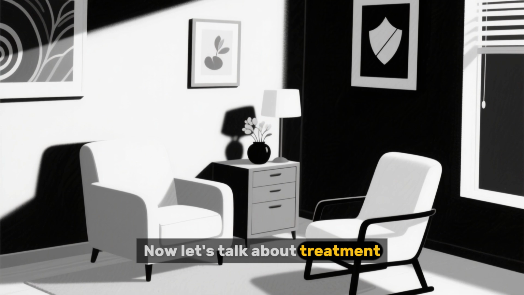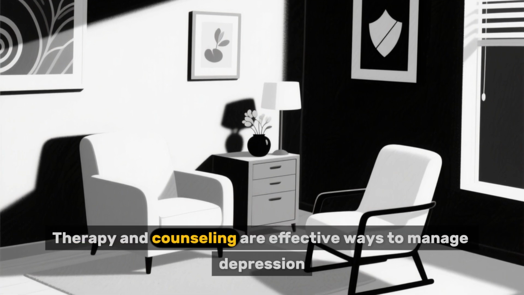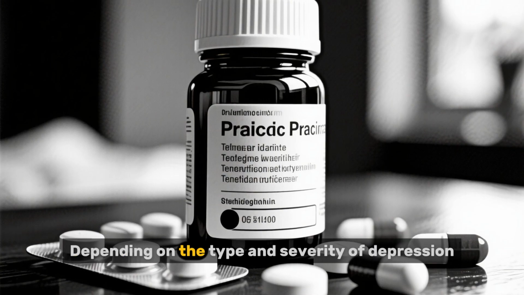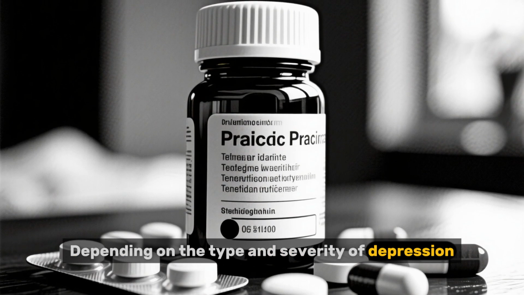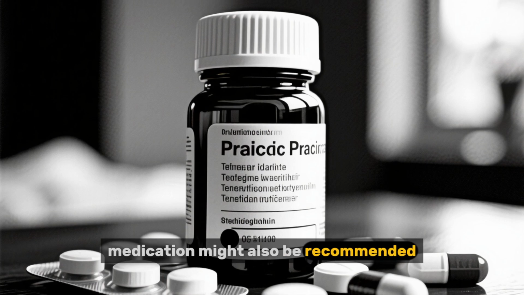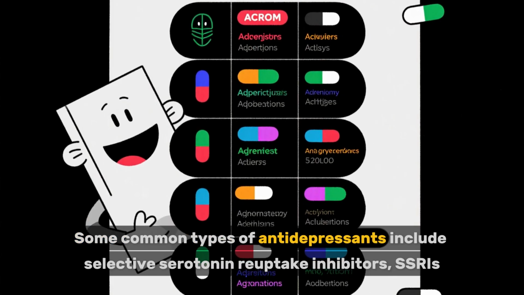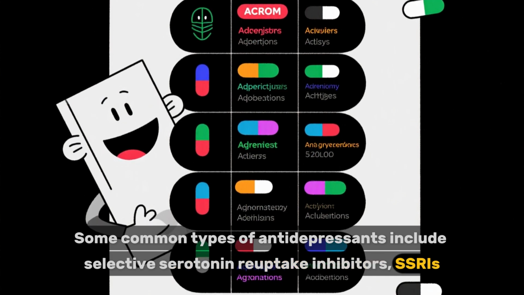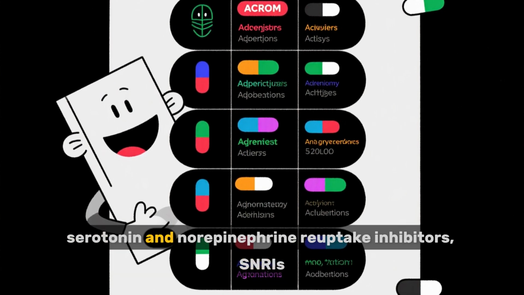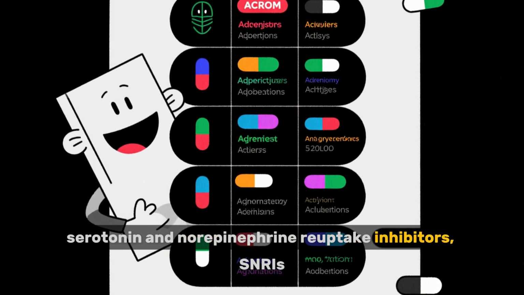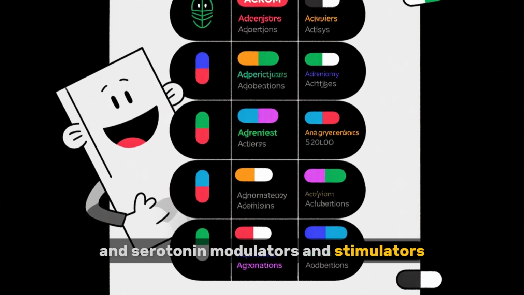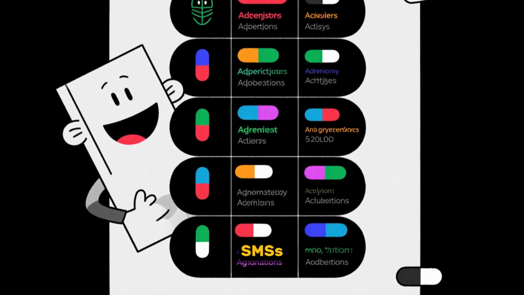Now let's talk about treatment. Therapy and counseling are effective ways to manage depression. Depending on the type and severity of depression, medication might also be recommended. Some common types of antidepressants include selective serotonin reuptake inhibitors, SSRIs, serotonin and norepinephrine reuptake inhibitors, SNRIs, and serotonin modulators and stimulators, SMSs.